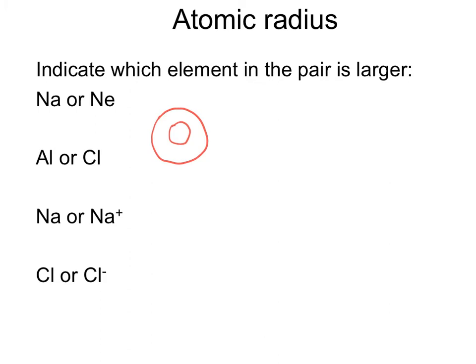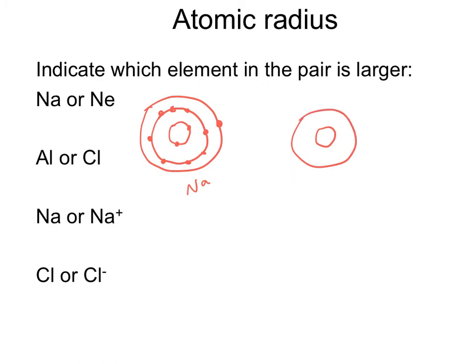N equals 1 and N equals 2. There's 2 electrons here. Then there's 8 for N equals 2: 1, 2, 3, 4, 5, 6, 7, 8. And then there's one more out here. This is sodium. And then for neon, it has 10.